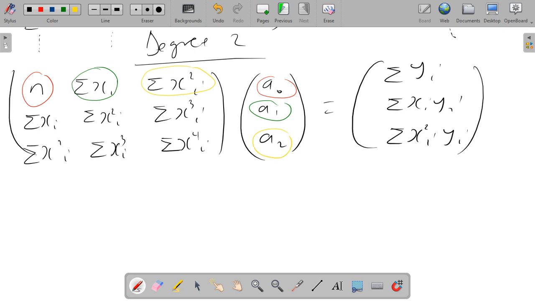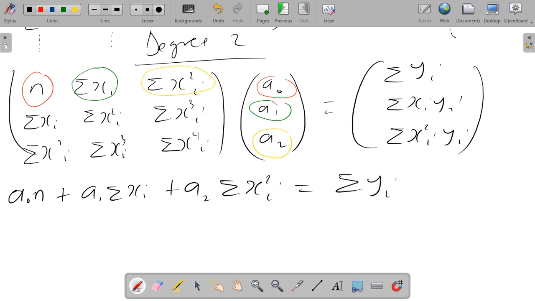So we go again on the same line. So n times this will give you what? A naught n, plus A1 summation xi, plus A2 summation x squared i, is equal to summation yi, equation 1.